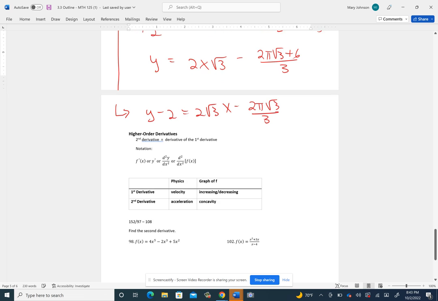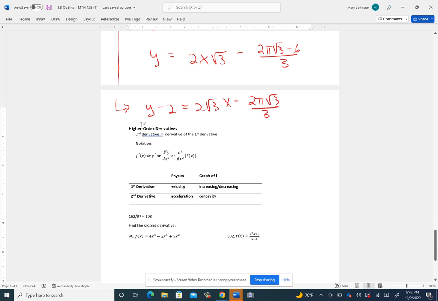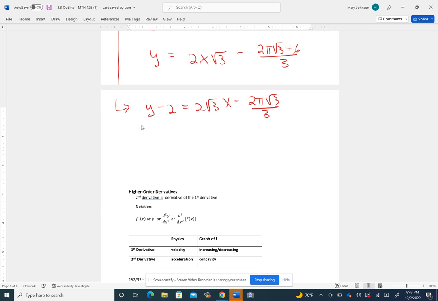Getting it in slope-intercept form was a little bit awkward. What I could do is clear out the denominator by multiplying through by 3. That would give me 3y minus 6 equals 6 square root of 3 times x minus 2 pi square root of 3. So that gets rid of the little fractions.